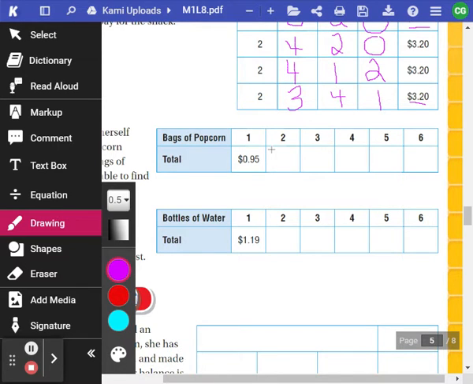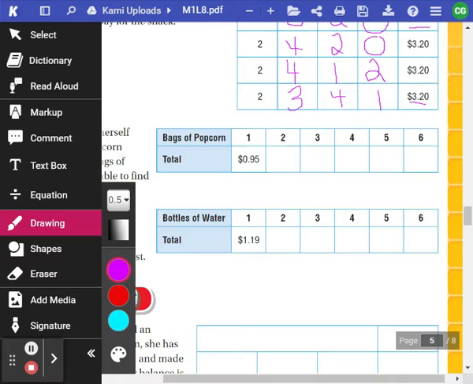Again, you can do repeated addition or multiplication. In class, I showed you both ways. So I'm going to have 95 cents, and we did that twice because that says that it'll be 2 bags. So this is group 1, group 2. 9 plus 9 equals 18 plus 1 is 19.